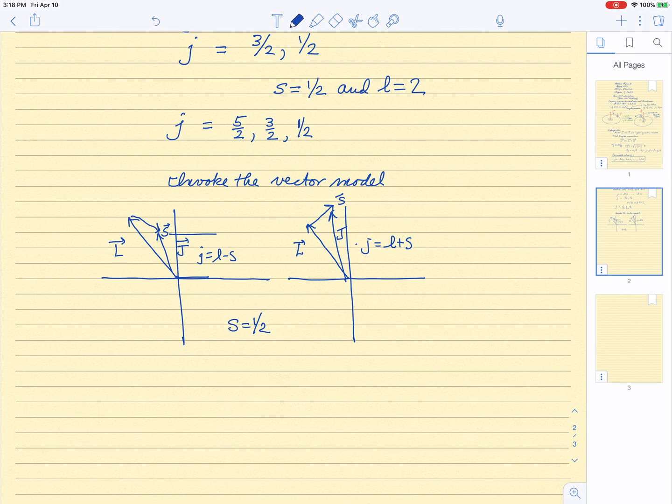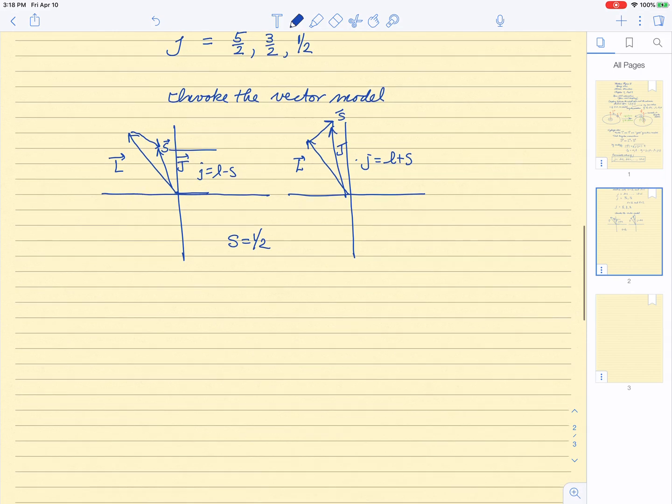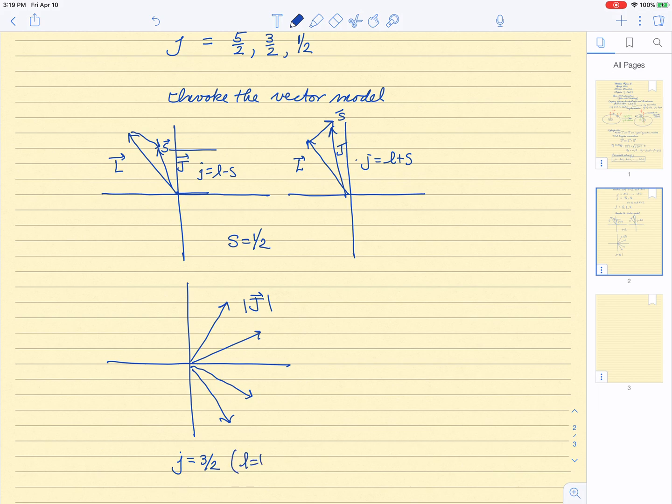So we can continue with the vector model. If we were to look at the J equals 3/2 state, again we would have four vectors of magnitude J. Again, remember this is for L equals 1 and S equals 1/2 as our example.